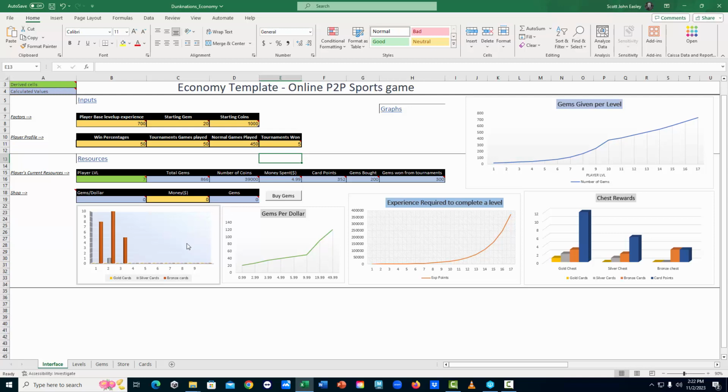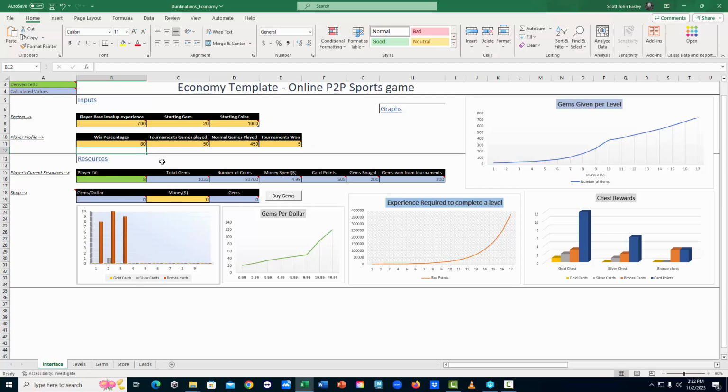So here we have the player profile. Basically these inputs will decide which kind of player you want. Say if you want a really good player, you can set the win percentages to about 80. If you say 80, he just increased in level, right?